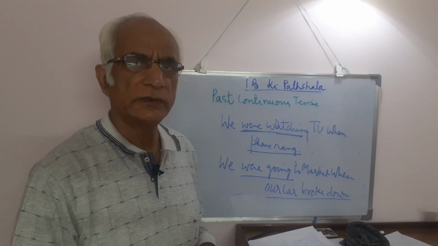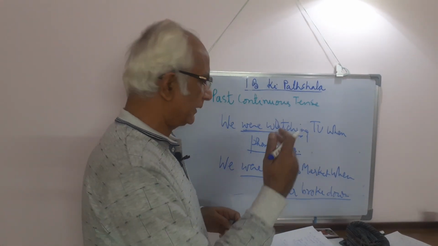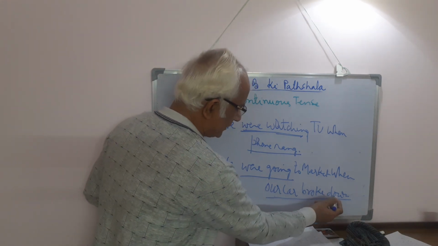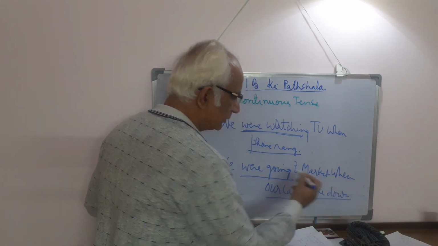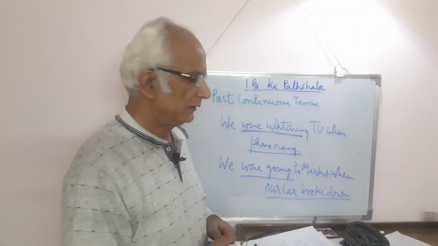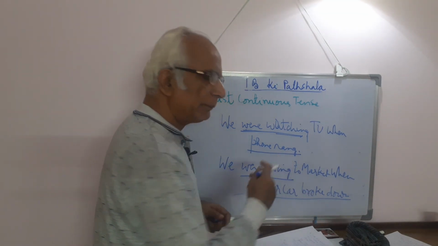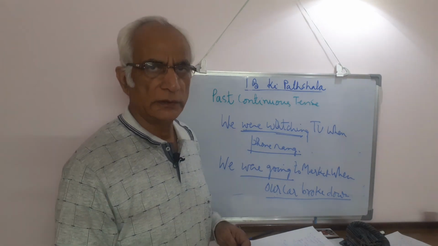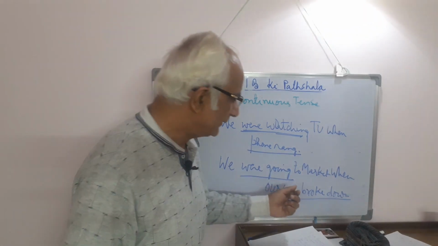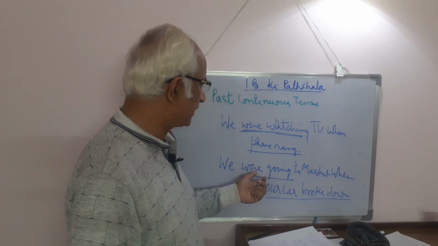Car broke down when we were going to the market. So this is in simple past. Car broke down. This is simple past. This is subject. This is verb and there is no helping verb. Car broke down. Car खराब हो गई. This is simple past and this is past continuous.